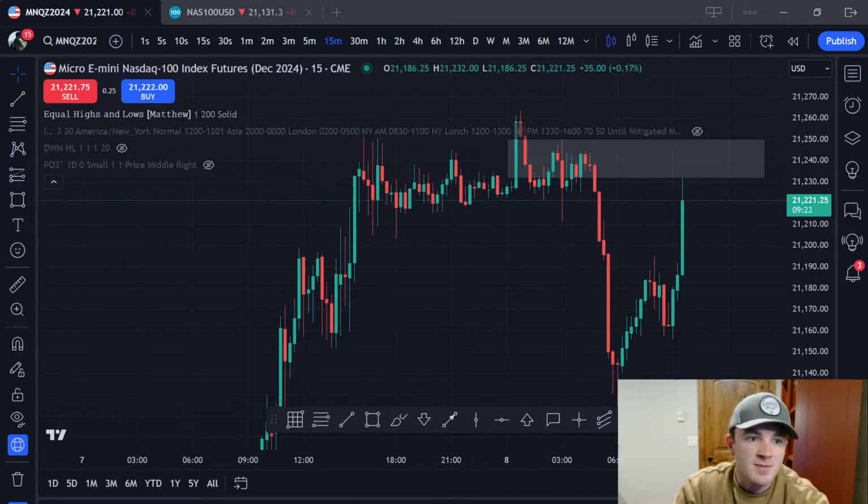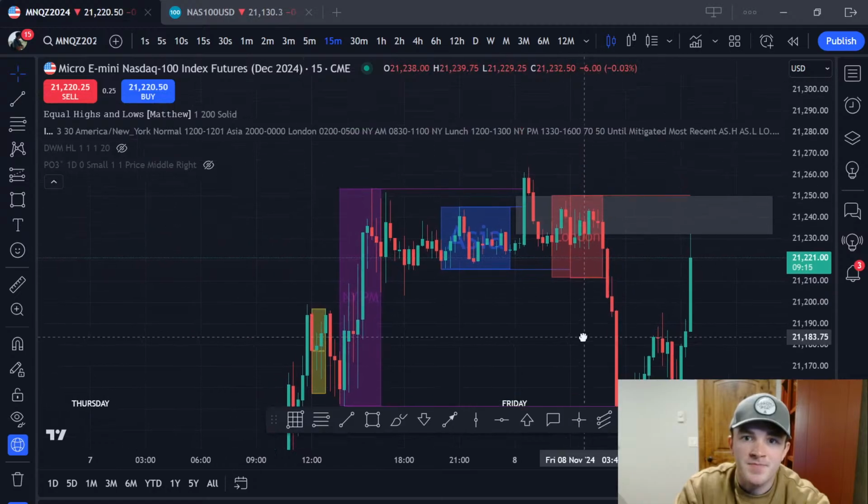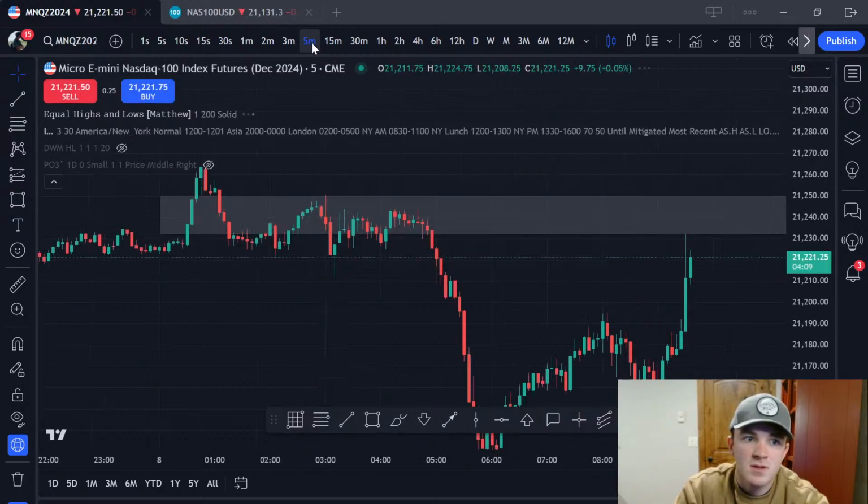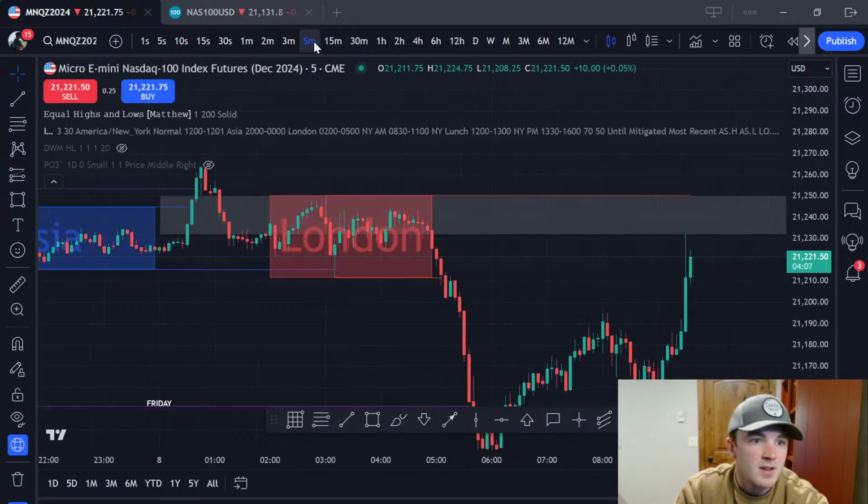We targeted the massive order block at the top of the consolidation. Massive order block.